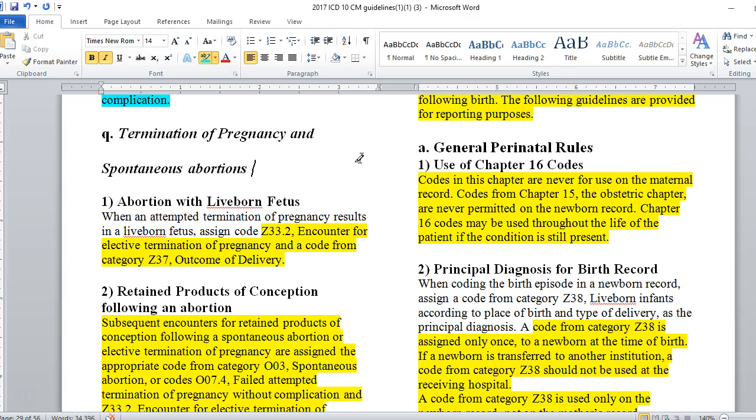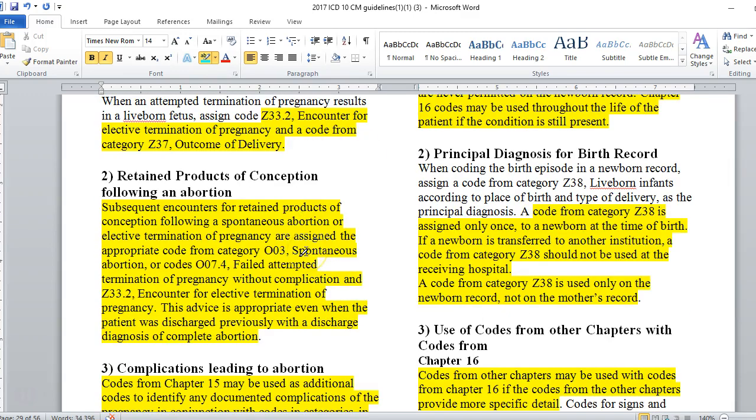Now again, whether this is a miscarriage, meaning that the mother's body is going through a natural course of not accepting the pregnancy, or if this is an elective procedure, the biggest thing that we need to worry about is complications.